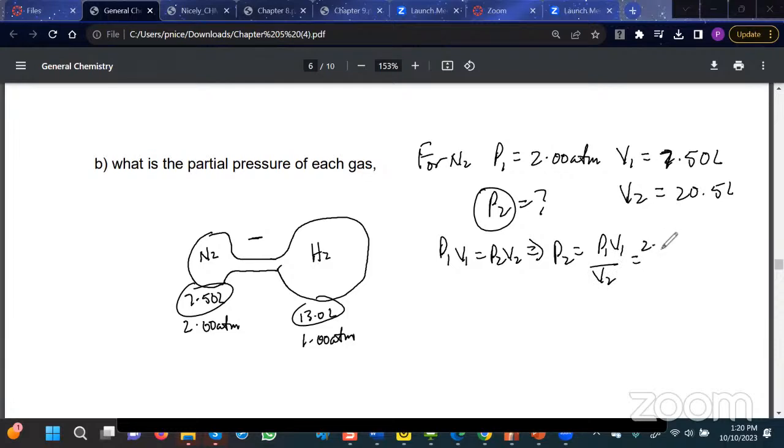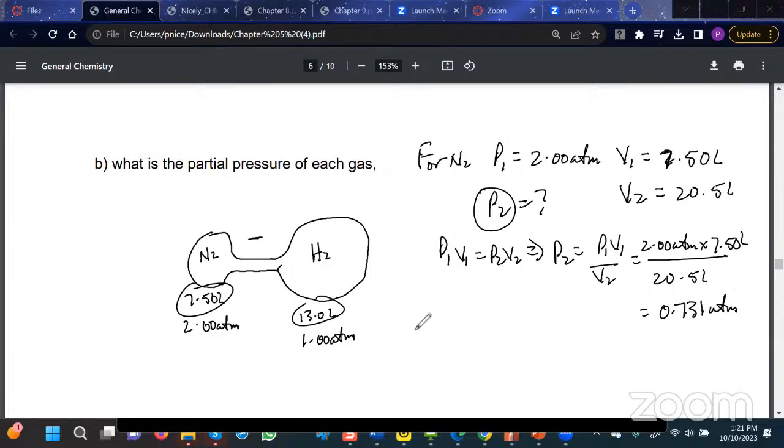So P1 is 2.00 atmospheres, V1 is 7.50 liters, and V2 is 20.5 liters. And whatever that gives, that would be the answer. So 2 times 7.5, and then we divide by 20.5. So according to my calculations, the answer will be 0.731 atmospheres, all right?